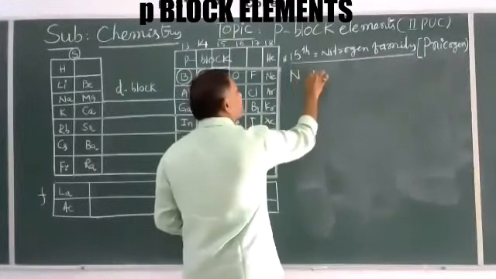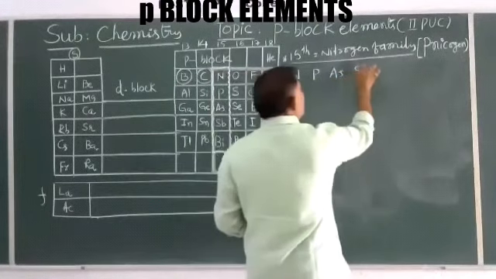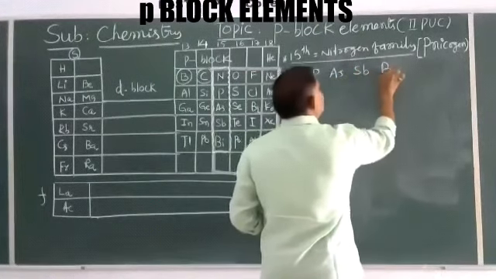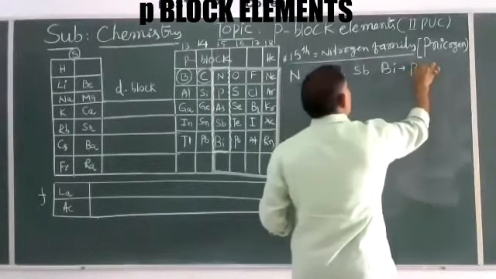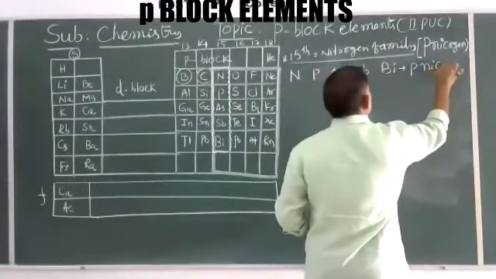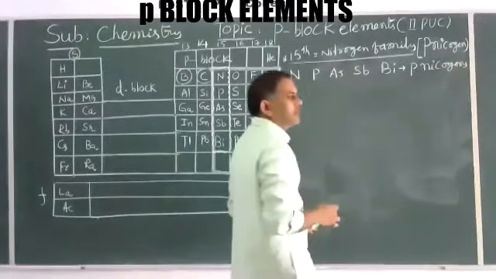Nitrogen, phosphorus, arsenic, antimony, and bismuth, collectively called pnicogens. Why are these called pnicogens?